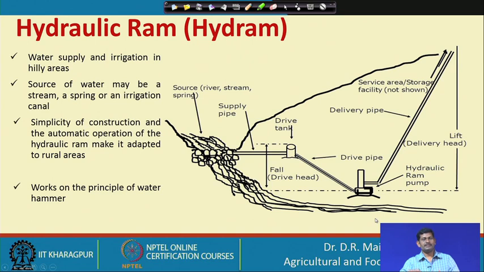And there is another special kind of pump called the Hydram, or hydraulic ram, which works on the principle of water hammer. Water hammer is nothing but, suppose the fluid is flowing in a pipe, and suddenly you make an impact on the flow. What happens?